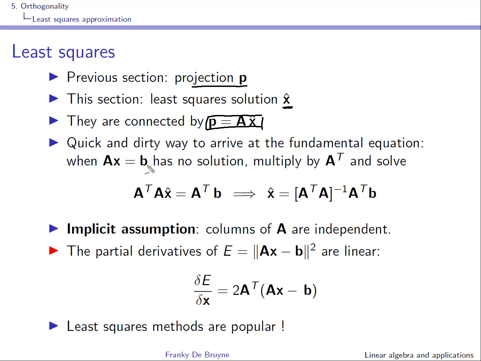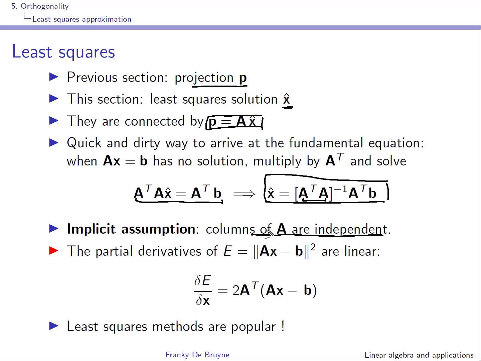You write Ax equals B, you pre-multiply both sides by A transpose, you obtain this equation, and this leads to the least squares solution. It's kind of implicit, but this matrix over here must be invertible, and this is indeed the case if the columns of A are independent.